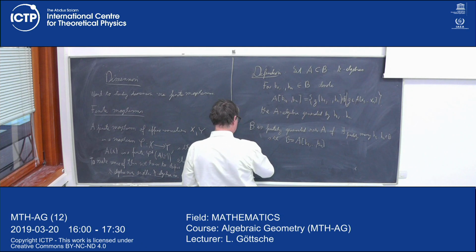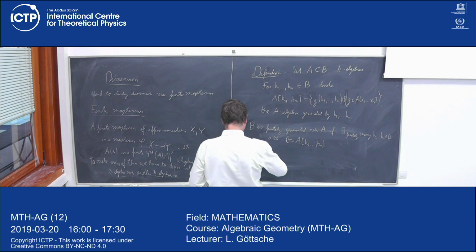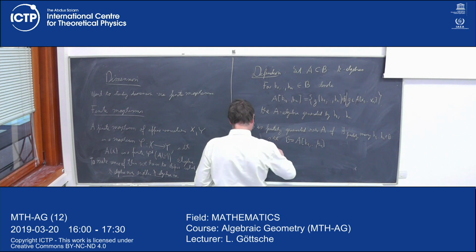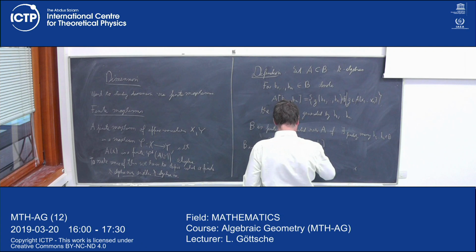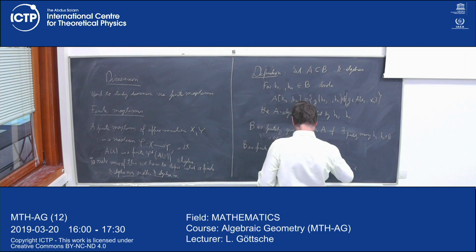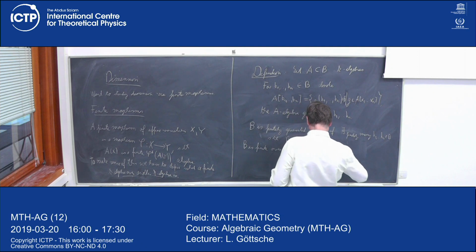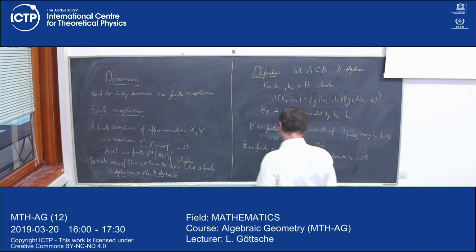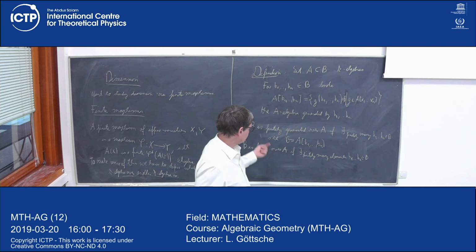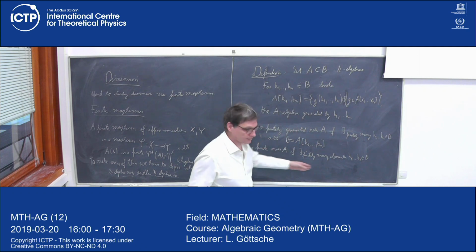But what we're interested in here is we say that B is finite over A if something much stronger holds, namely if there exist finitely many elements, again B1 to Bn in B, such that we can write every element in B as a linear combination of them.